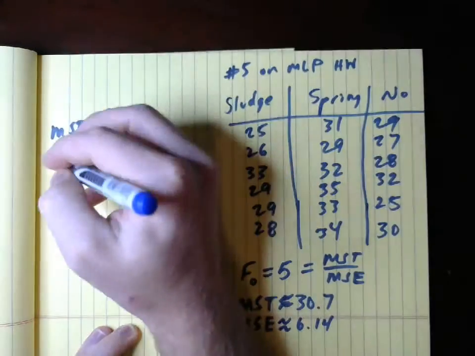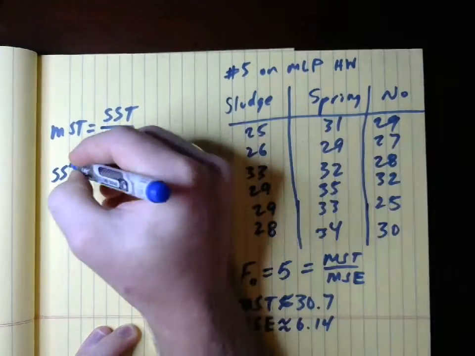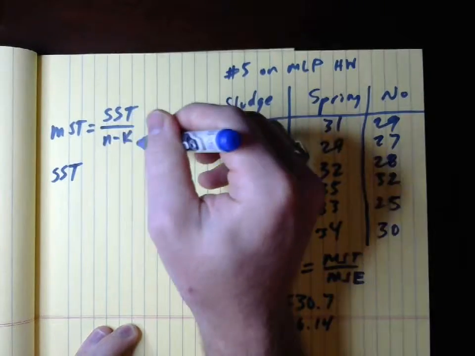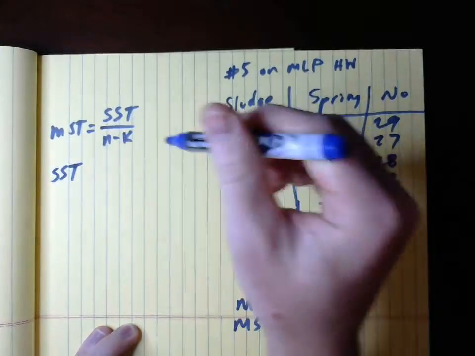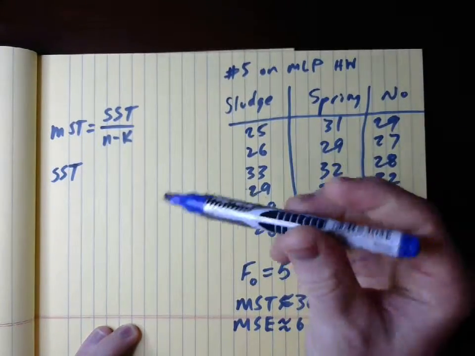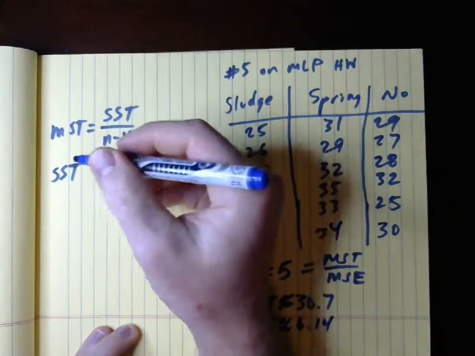Well, we'll talk about that in a second. The SST is the main thing we need to talk about. That's what we need to break down. We see where the n minus k comes from. It's obviously n is the sample size and k is the number of categories or populations.